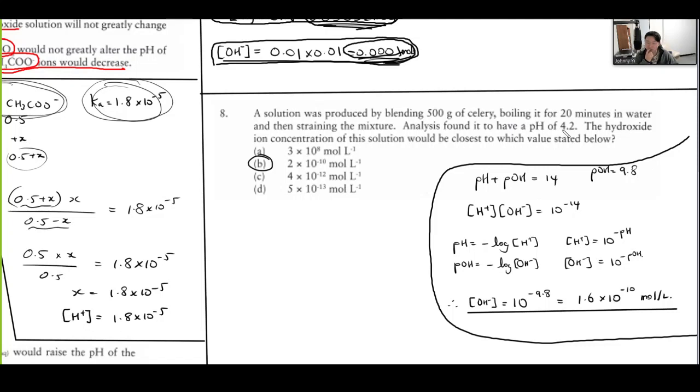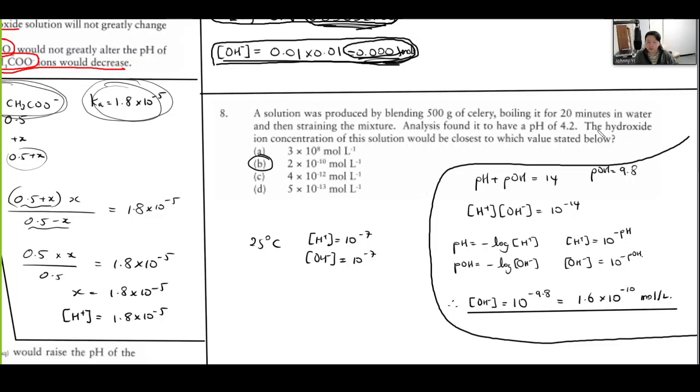That's why the pH has gone down. But you can see natural water at 25 degrees Celsius, we talked about this last time. The concentration of hydrogen is 10 to the power of negative 7, and hydroxide is 10 to the power of negative 7 also, right? Remember this stuff?